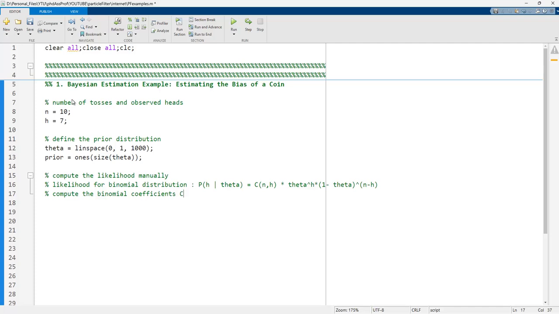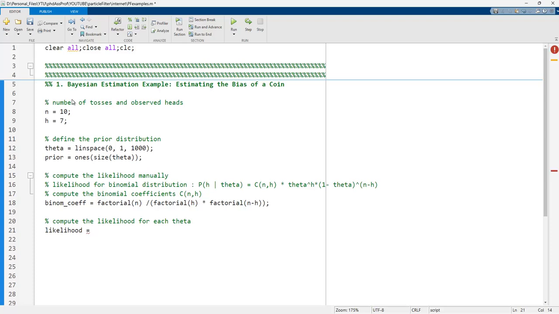First of all, C(n,h), binom coef, is equal to factorial n divided by factorial h times factorial n minus h.